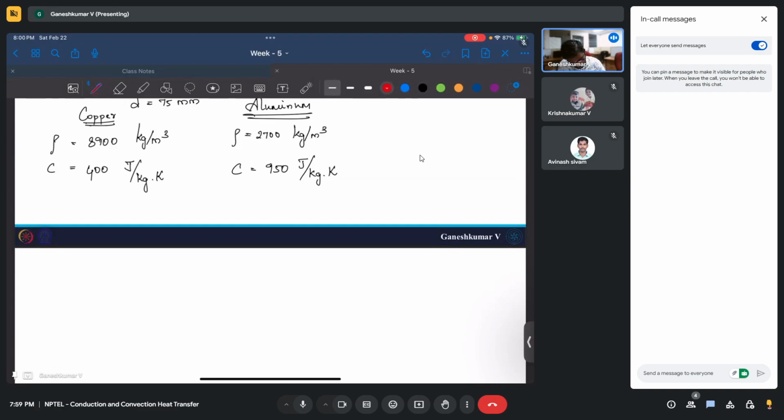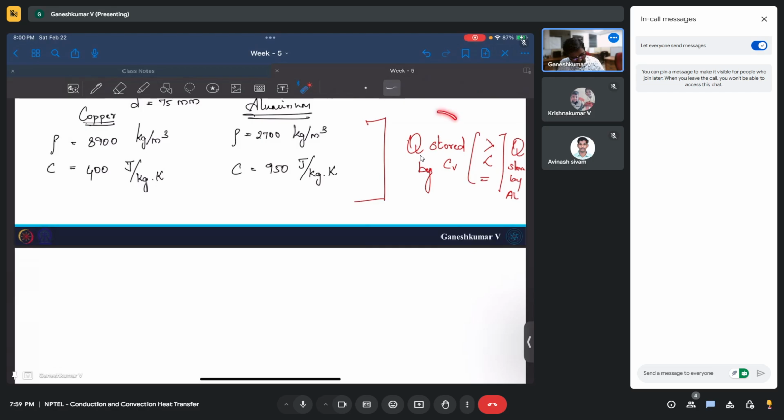Okay, the question is whether the Q stored by copper is greater than, less than, or equal to Q stored by aluminum.